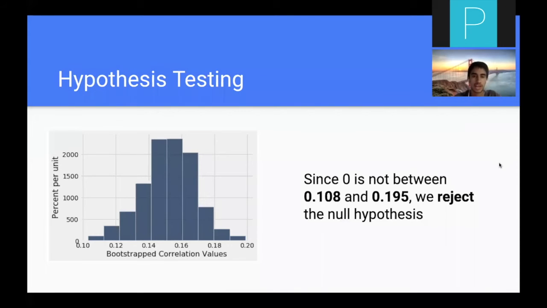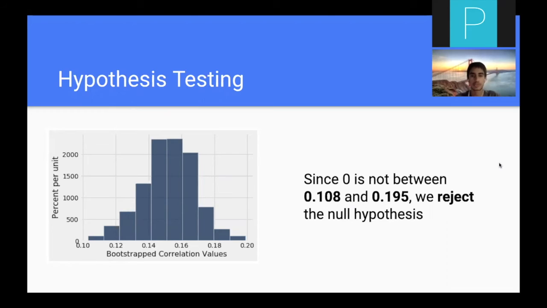Okay, so this is the hypothesis testing section. And just to restate our null hypothesis, there's no correlation between Airbnb listing prices and their overall ratings. We chose correlation as our test statistic, and we used bootstrapping in order to reduce biases of the given data set by simulating a range of correlations that could include the parameter.